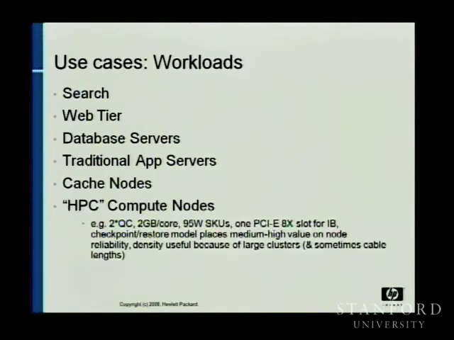So the most important thing you can do, and something that I'm actually in the middle of right now, is figuring out workloads. So what do people actually want? Because if you design a server and it doesn't match what applications are out there, you've done something spectacularly stupid. I could fill in more detail on those, but I thought I'd just expand out the high-performance computing node. A lot of them boil down to 2 quad-core parts, 2 gigabytes of memory per core, 95-watt SKUs, and 1 8x PCI Express slot so they can shove some nice interconnect in for InfiniBand.